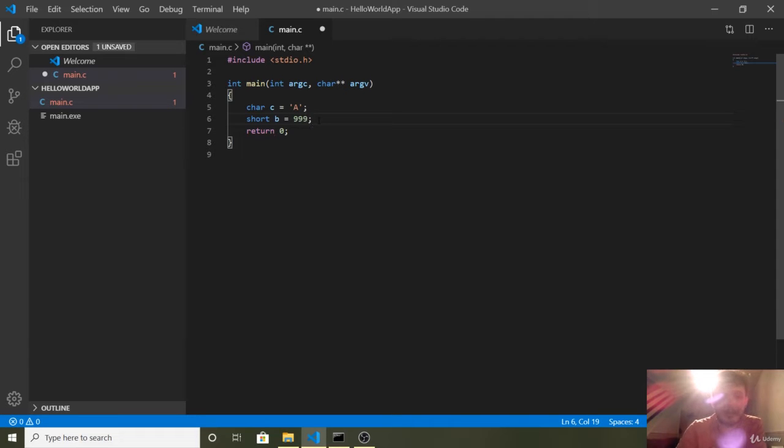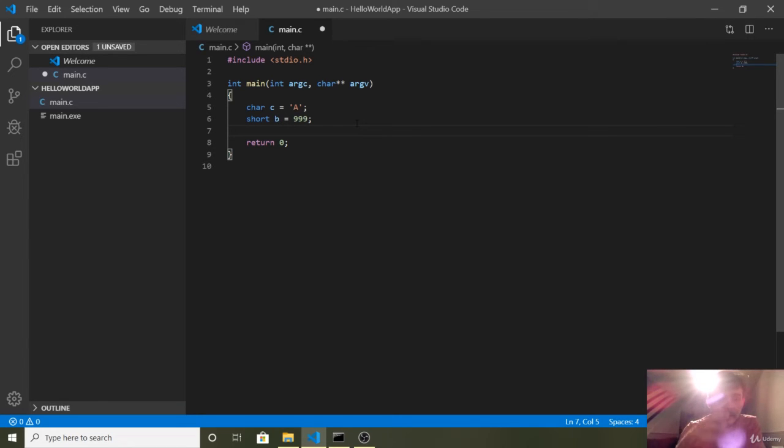So let's do short next. So short is a number, just like integer, but it can store a lot less. Short is for numbers that can't store as many bytes as integer. If you need to store numbers that are much larger, like above 30,000, 40,000, 50,000, 60,000 onwards, then you're best to use an integer or an unsigned short.